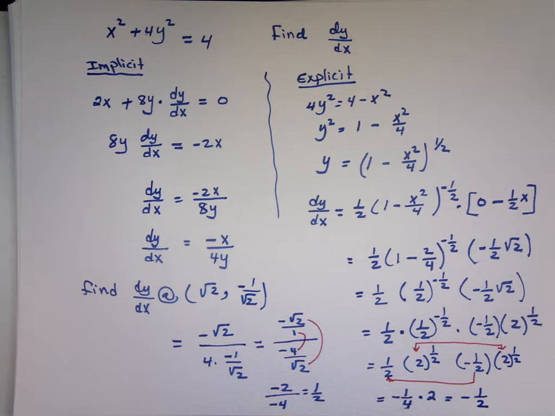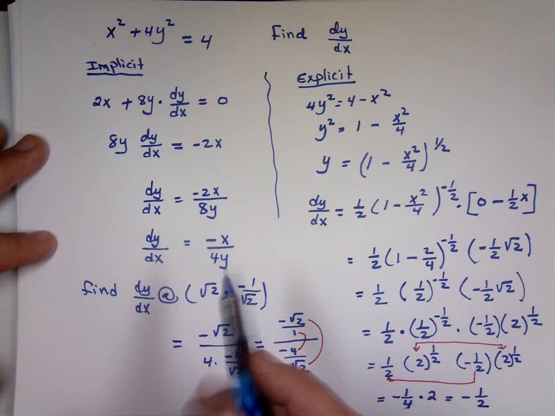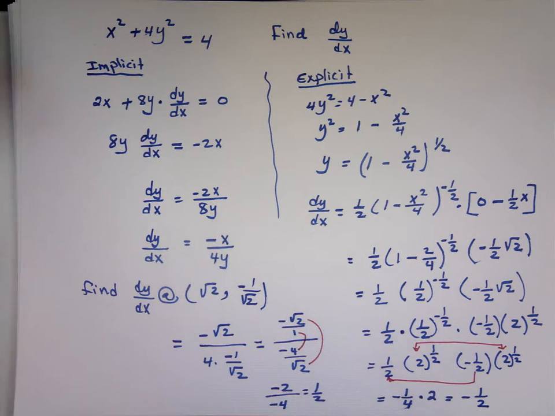Is that the same answer? Am I missing a sign somewhere? No, you got it. I got a negative here, I got a plus. Let's see if I missed a sign somewhere. Should be the same answer.